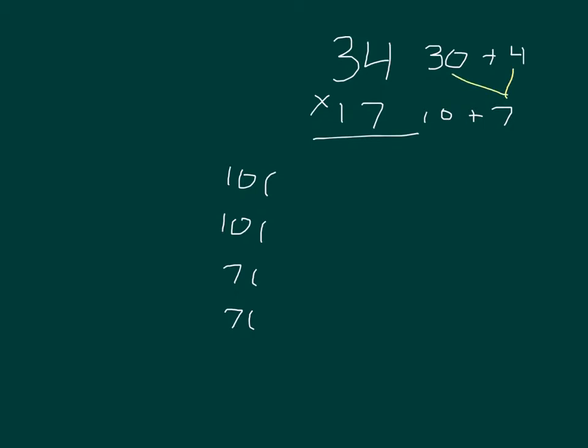I'm also going to be multiplying 10 by 4 and 10 by 30. So I'm going to fill in the rest of my partial products right now: 10 times 4, 10 times 30, 7 by 4, 7 by 30.